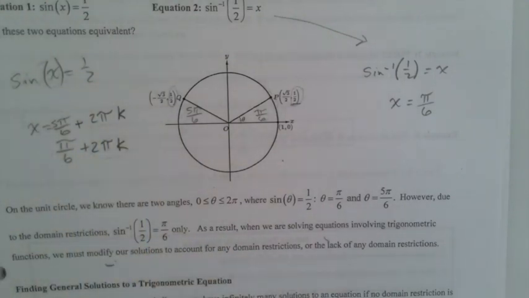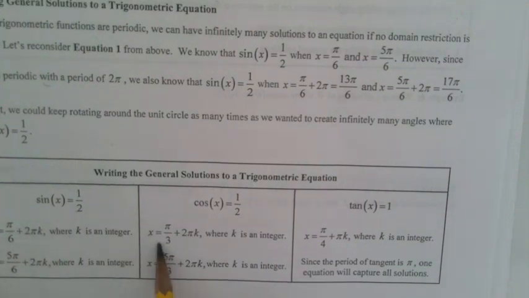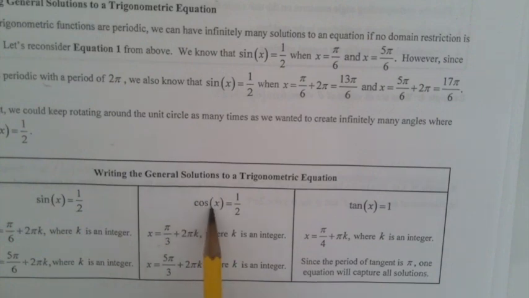So this is called the general solutions. You can read through this on your own here if you'd like more information, but you can take a look here. Sine of x is equal to 1/2. This is a regular old sine, so I'll use both of these and have the period added on. Same thing here, regular cosine, no domain restriction.